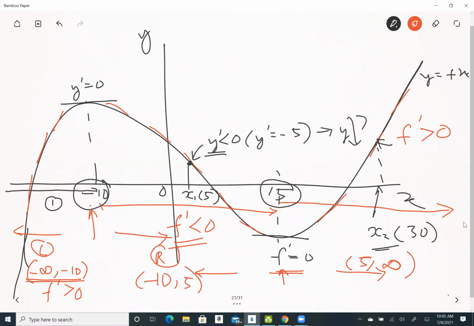Now you look at the other critical point, where x equal to 5. What is the interval to the left? There will be no other interval; the interval is already on the same curve. What is the interval to the left of x equal to 5?